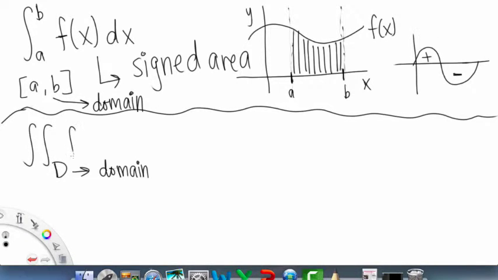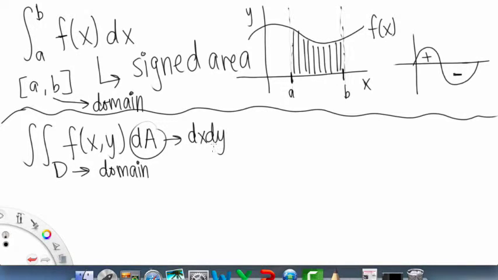So here we have the domain, and then the next part, f of x comma y. So now we're going to have a function of both x and y, and then dA. This is our differential, and dA here is represented by dx times dy, and those could always be switched, like dy dx. Okay, so let me rewrite this.